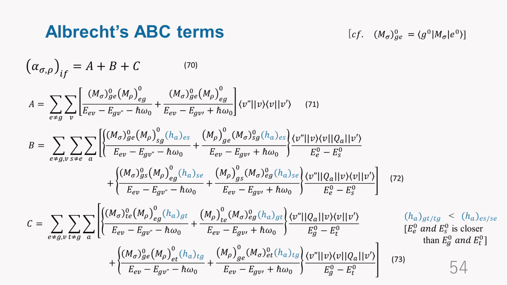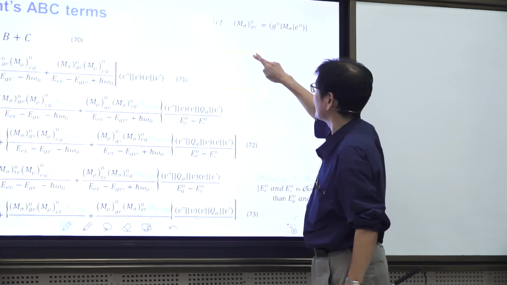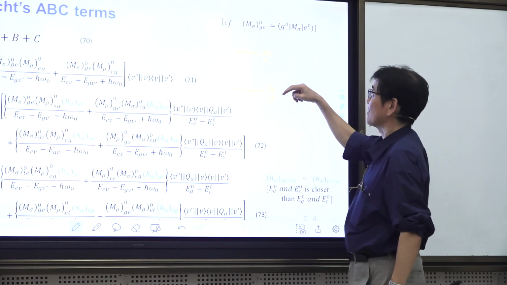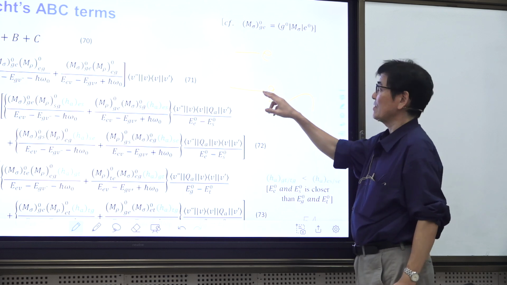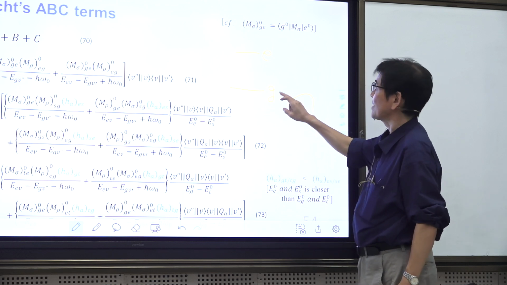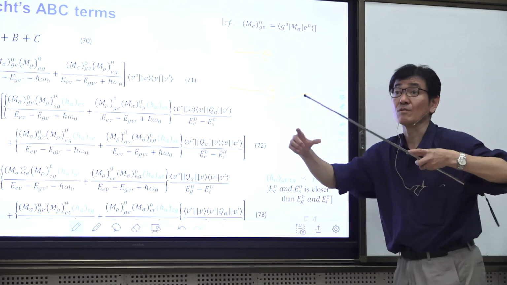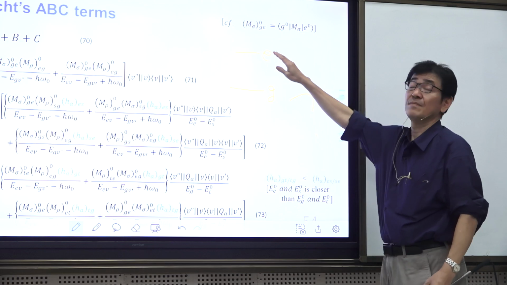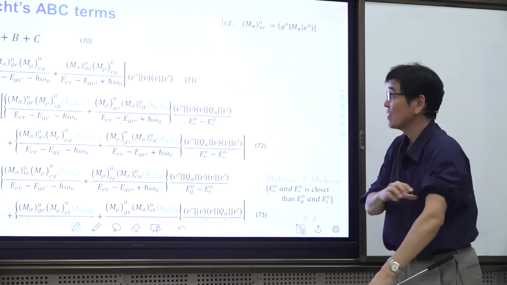Okay, so this is a ground state, and this is an excited state. G and E correspond to ground and excited. And the ground state cannot be a pure ground state because of the mixing of the wave functions. The excited state cannot be a pure excited state because of the mixing of the wave functions.